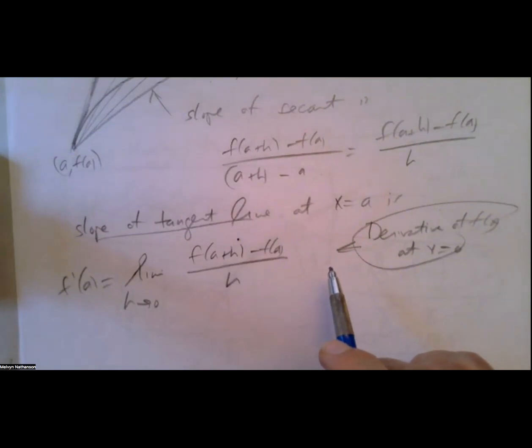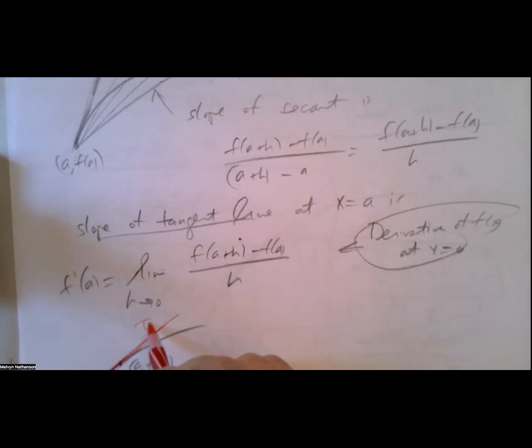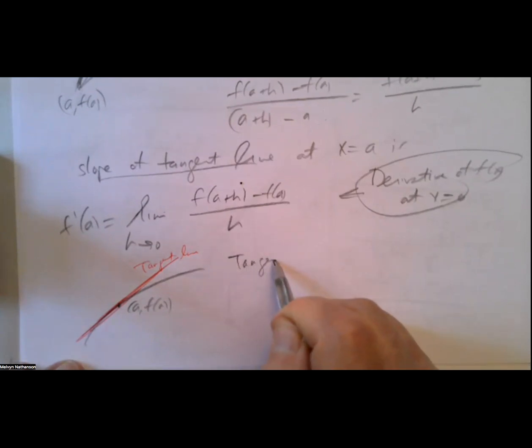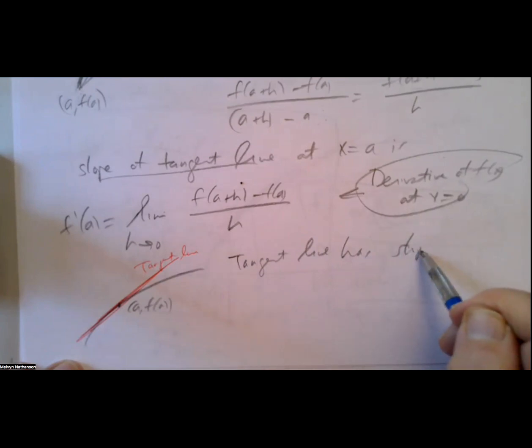And if it exists, then here's my point on the curve, a, f of a, and I have my tangent line. And the tangent line has slope f prime of a.